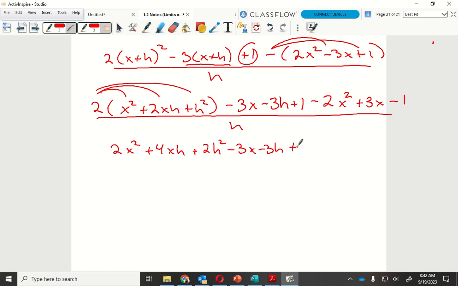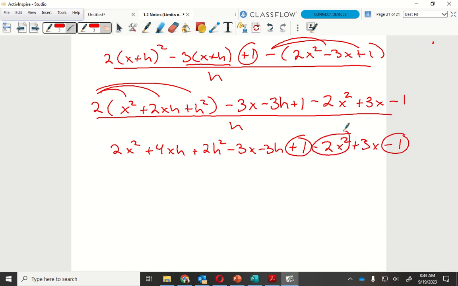Okay. Plus 1, minus 2x squared plus 3x minus 1. And it's still over h, but I want to combine all this first before I get too far into this. So let's start with my minus 1 and plus 1. Those go away, right? Yeah.